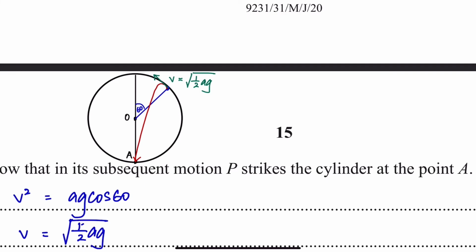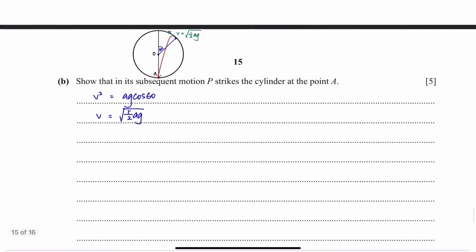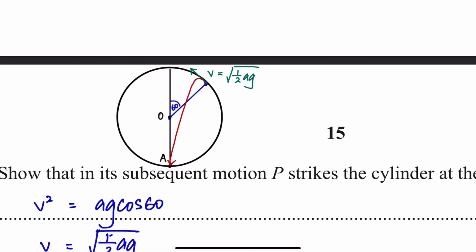So now we can start doing the actual question. How do we prove that it strikes A? We need to prove that at the same timing, the horizontal distance traveled is this distance over here, and the vertical distance traveled is this distance over here.